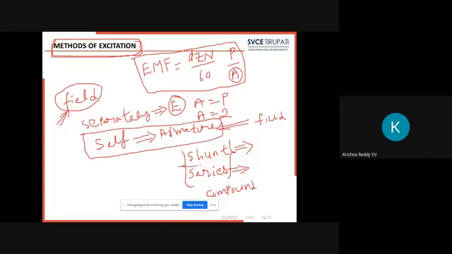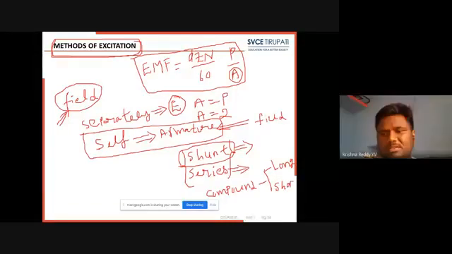Based upon the shunt field winding connection, compound generators are again classified into long shunt and short shunt. We will discuss all these topics.